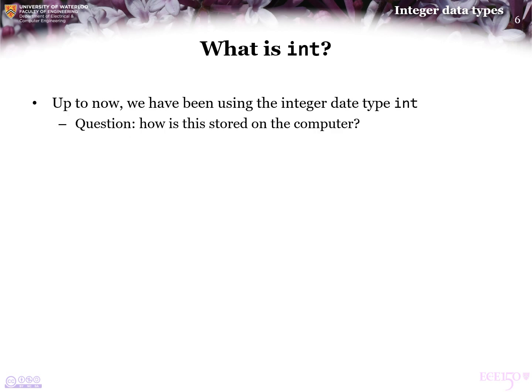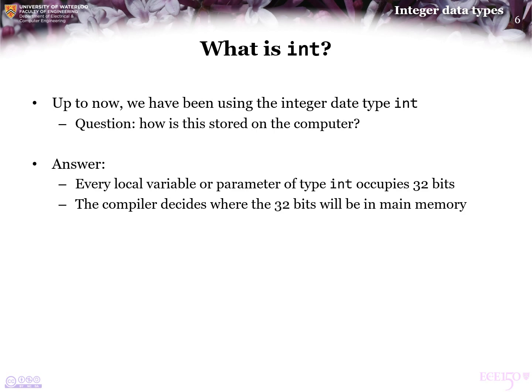Now, up until now we have been using the data type int. Now question, how do we store this on the computer? Well, every local variable or parameter of type int will be occupying 32 bits, and the compiler is going to decide where those 32 bits will exist in main memory.